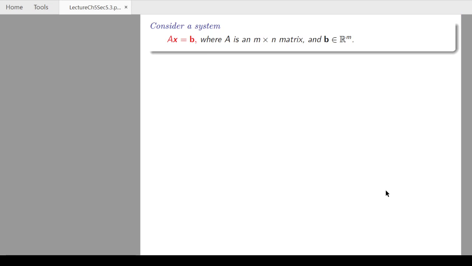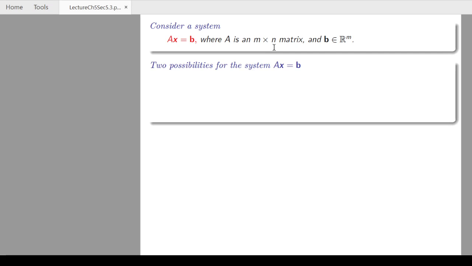Let's consider the system Ax equals b. In this case, A is an m by n matrix, and b is a vector in Rm. For this system, we know there are two possibilities. The first possibility is the system is consistent.